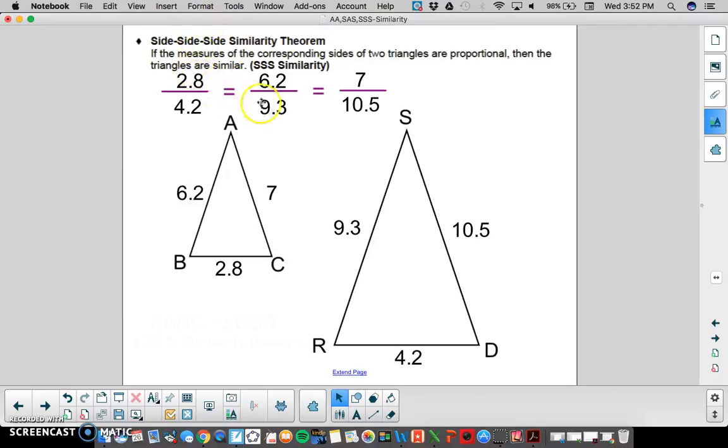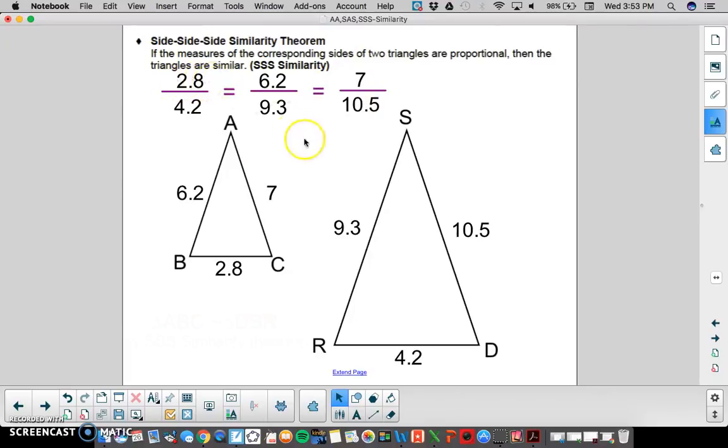And I could also check each cross product, so 2.8 times 9.3 is 26.04. 4.2 times 6.2 is also 26.04. 6.2 times 10.5 is 65.1. 9.3 times 7 is also 65.1.